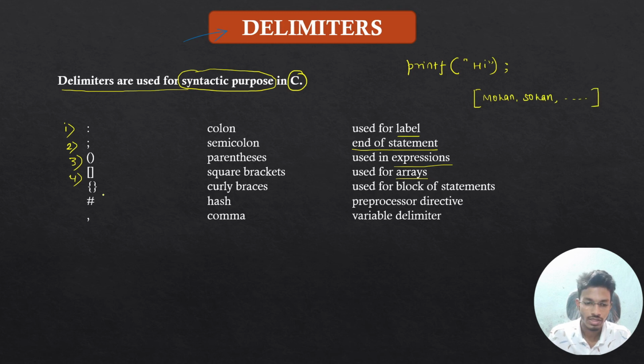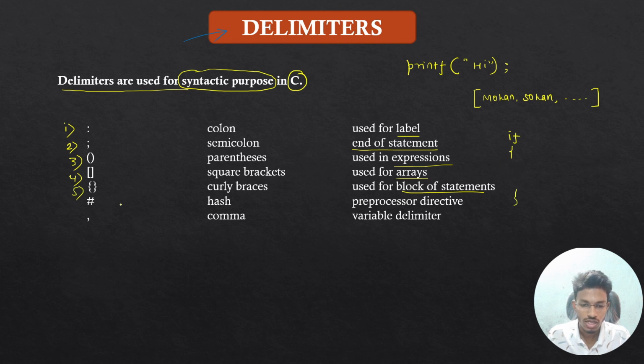This is called an array. Curly brackets are used for a block of statements. If we are writing a conditional statement or using a loop, we will discuss that later. Suppose this is an if statement and we are using curly braces, this is called a block of statements.